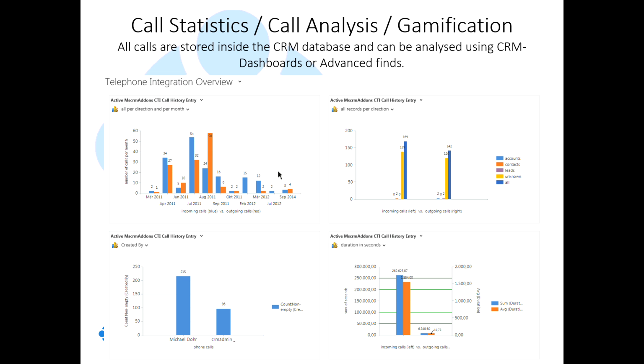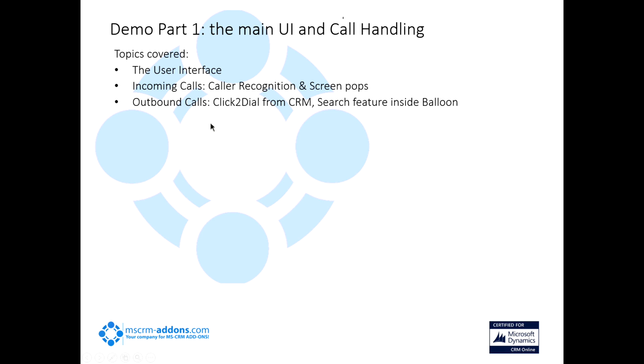Just some basic information, so you have all kinds of information in the form of a few charts right there at your fingertips. And again, like I said before, you can build your own advanced find to get your own analysis of that, and break things down and see the information that you want to see.